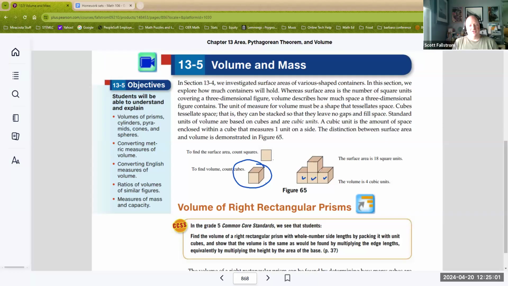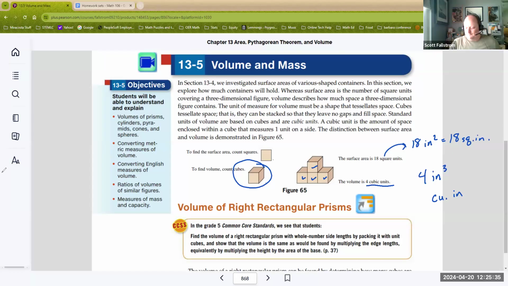So here, just 1, 2, 3, and 4 cubes. 4 cubic units, which, if these were 1 inch by 1 inch, would be 4 cubic inches. It can also be abbreviated as cubic inches. Just so you're understanding, that's something that could also be there. And up here, when we had 18 square inches, we would have something that looks like this, or 18 square inches.